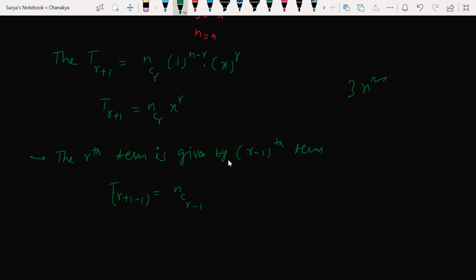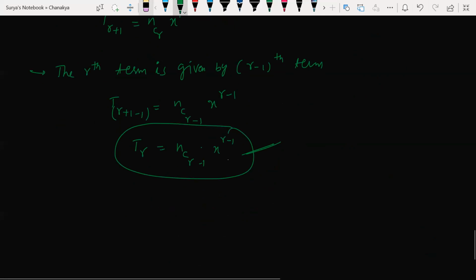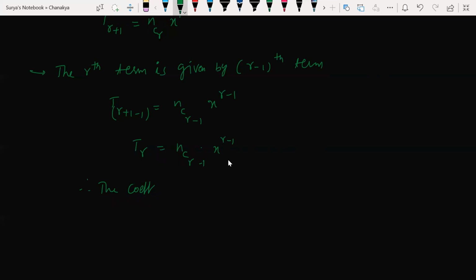So we are talking about the (r minus 1) term, x to the power of r minus 1. So T(r) is equal to nC(r minus 1) into x to the power of r minus 1. Therefore, the coefficient of the rth term is equal to nC(r minus 1). Perfect. Very good.